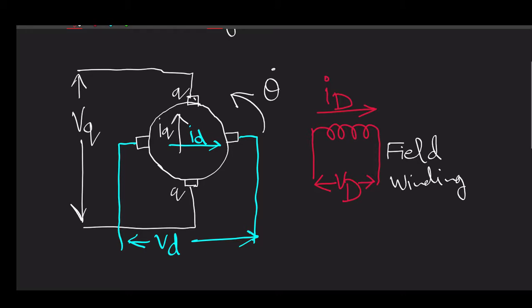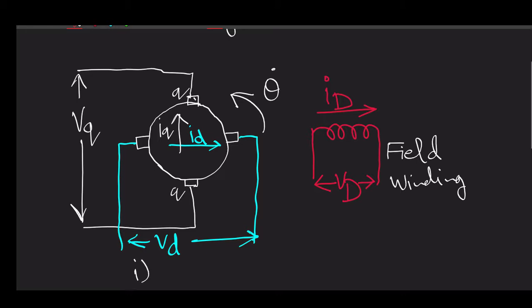What are those assumptions? Before writing the assumptions, first let us identify what voltages we should be thinking about, and what the individual components of those voltages are. Here you can see we have three voltages: VQ, VD, and this VD.